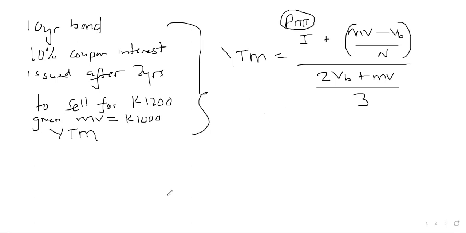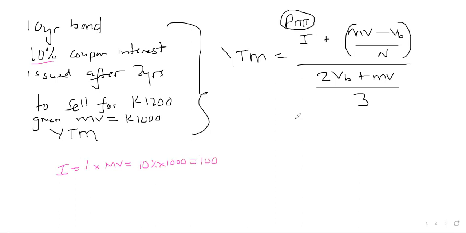So how do you find the I? We make I the subject of formula. Small i times the maturity value. Our coupon interest is 10% times the maturity value, which is 1,000, isn't it?